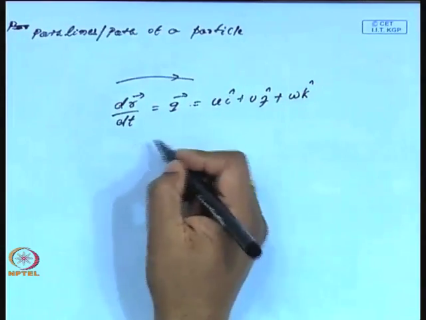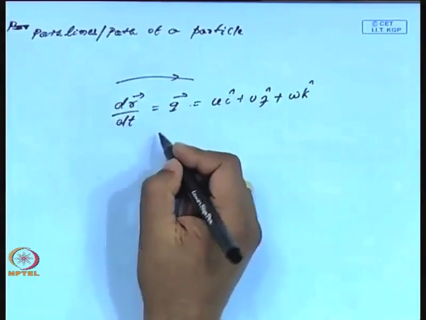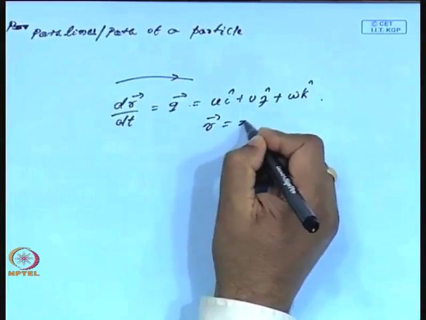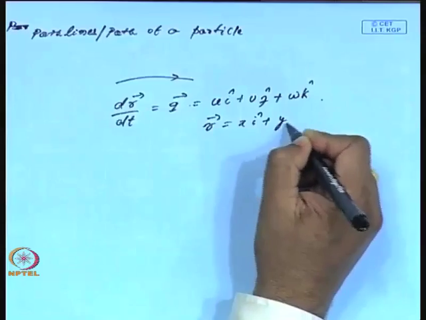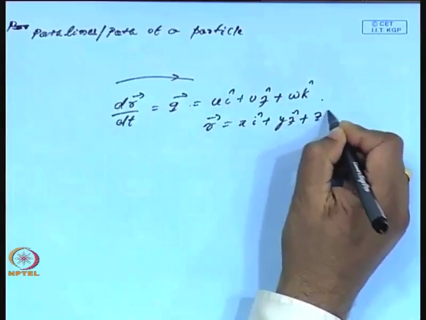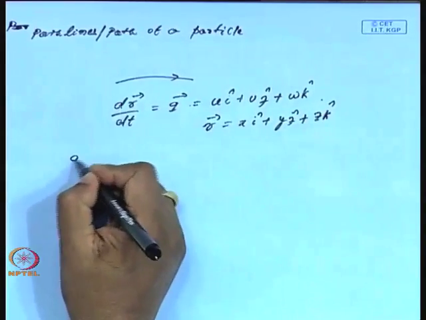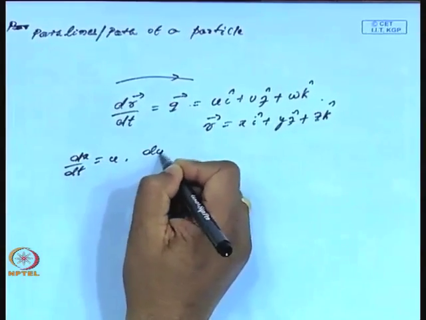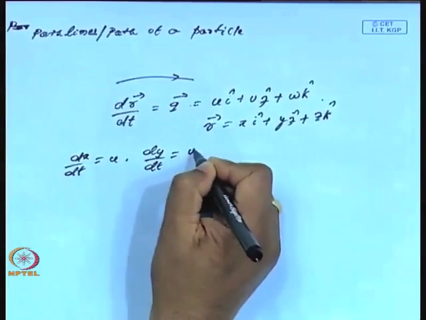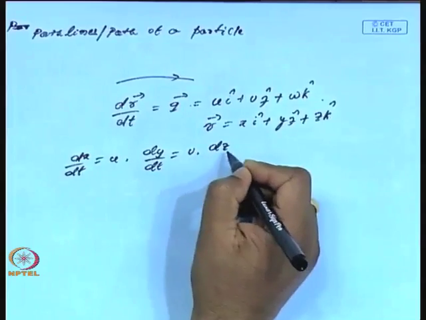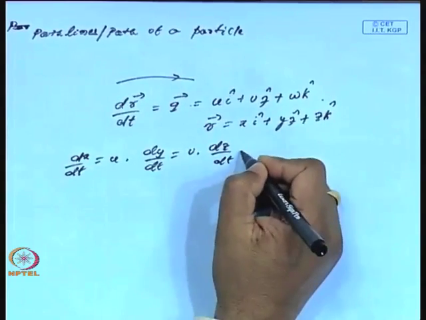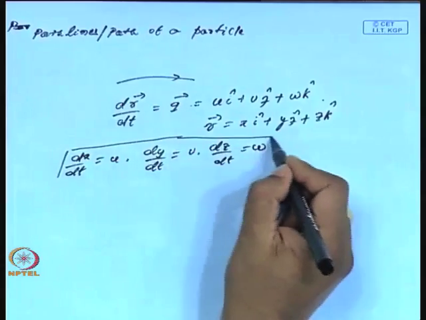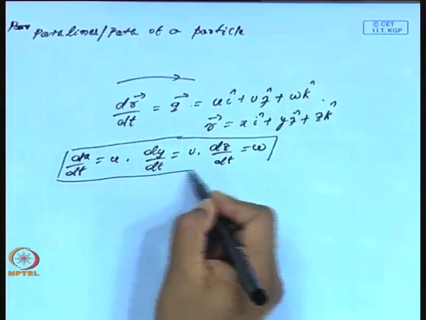So, if I write r as x i hat plus y j hat plus z k hat, then we have dx by dt equal to u, dy by dt equal to v, and dz by dt equal to w. These are the equations of the path lines.